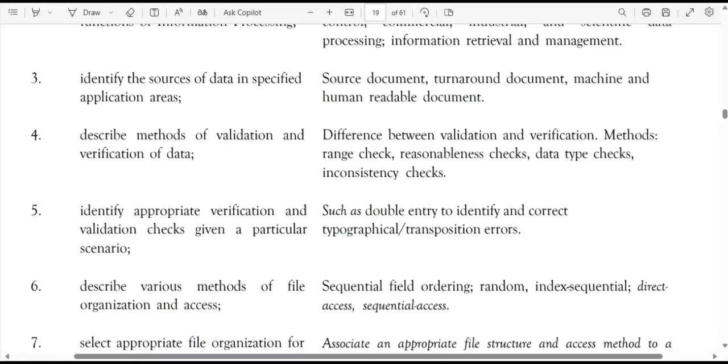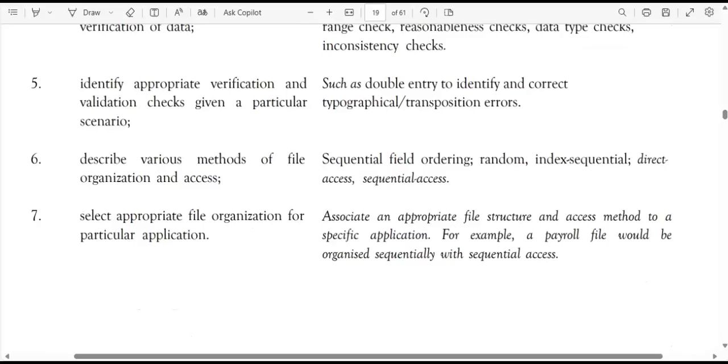Also, you could have proofreading, checking data entries against source documents manually. Alright, so those were the methods of validation and verification of data. So you'll talk about range check, reasonability check, data type check, and inconsistency check.